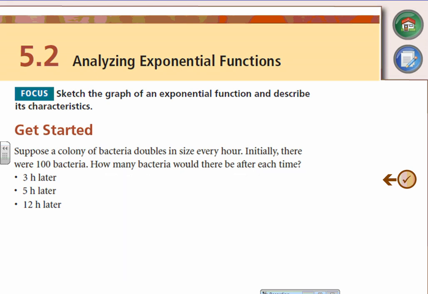Let's look at it again here. So anyways, initially there are 100 bacteria. How many bacteria would there be after 3 hours, 5 hours, 12 hours? Well, let's start looking at this pattern here. We know that the bacteria doubles every hour. So if we start at 100, that's time 0. After 1 hour, we're going to multiply that by 2.